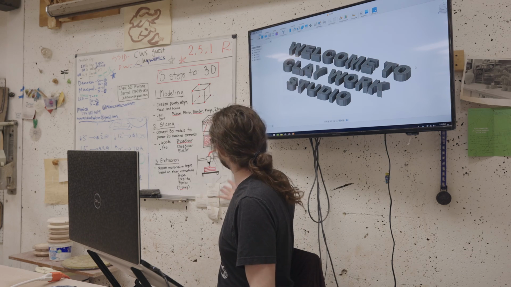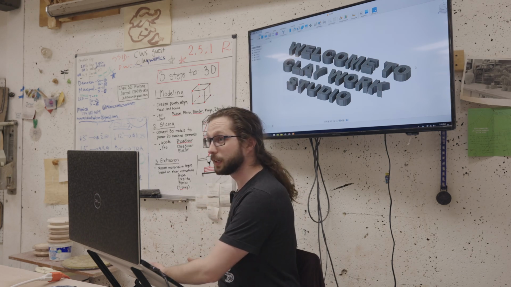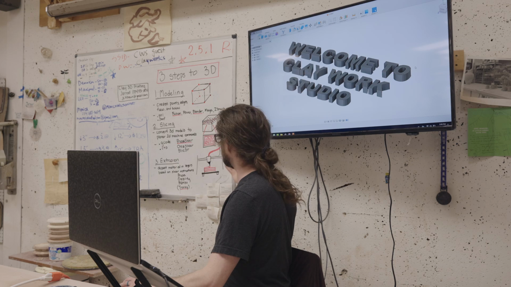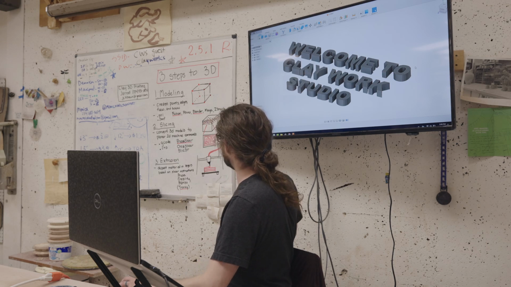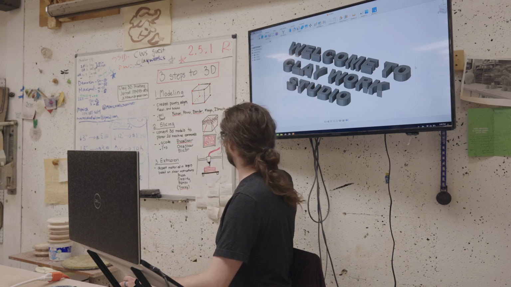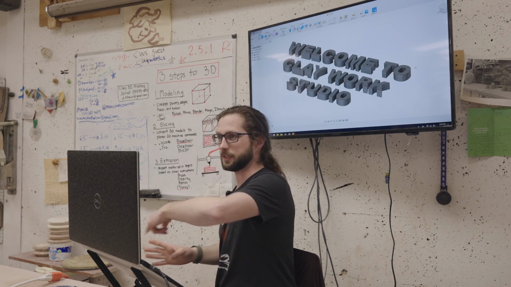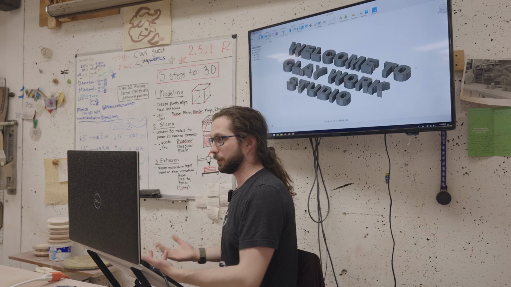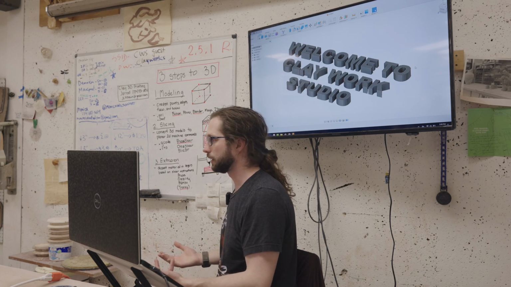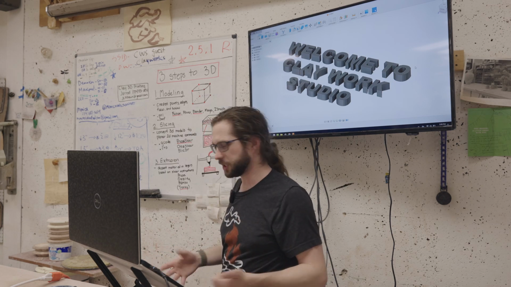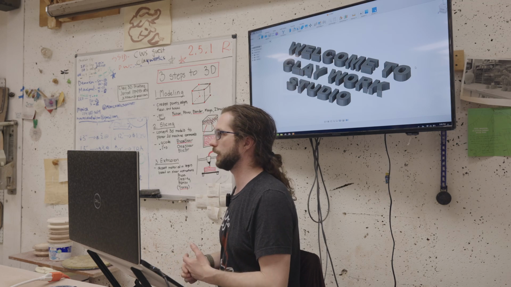So then finally, we're actually now printing the model that we created and then sliced. This is the machine itself following the instructions we gave it from the slicer, depositing our material onto a build plate of some sort. There are build plates for the machines, and we'll talk about this more next week.